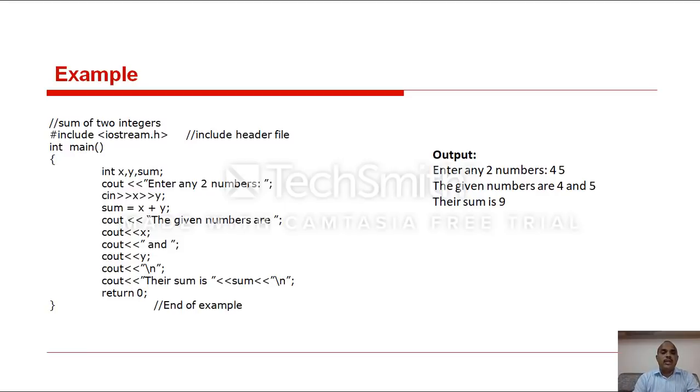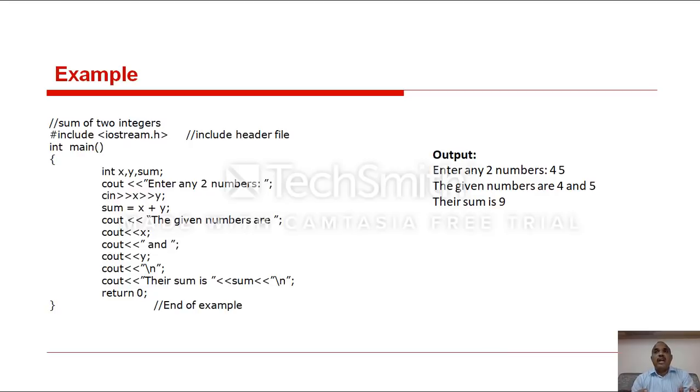Double less than is an insertion operation. Double greater than is an extraction operation. Simply, the value is collected and inserted onto the monitor or output device by cout. Then cin extracts the x and y values.